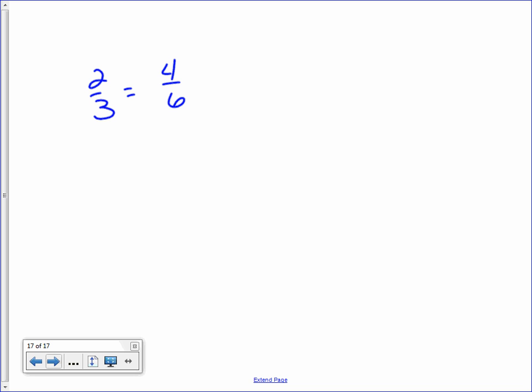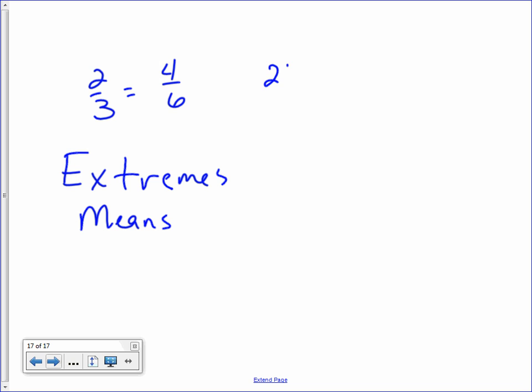You may hear the idea of extremes and means. Extremes, that's a horrible job. Let me try that again. Extremes and means. This idea comes from writing a ratio as 2 to 3 equals 4 to 6.